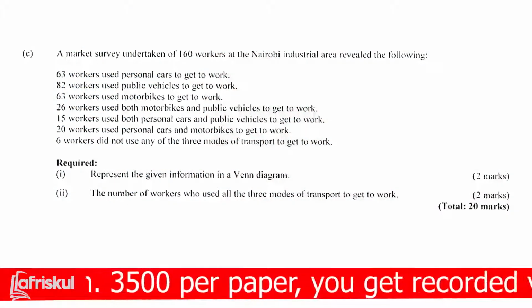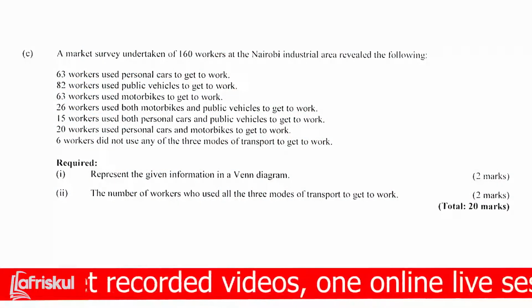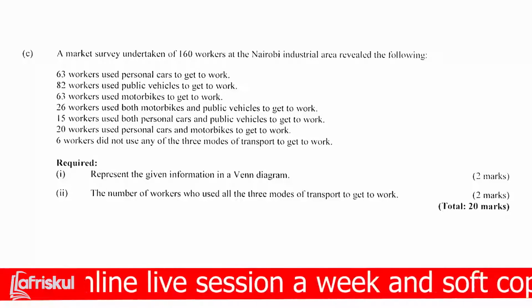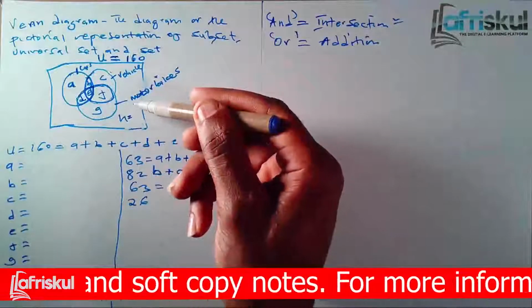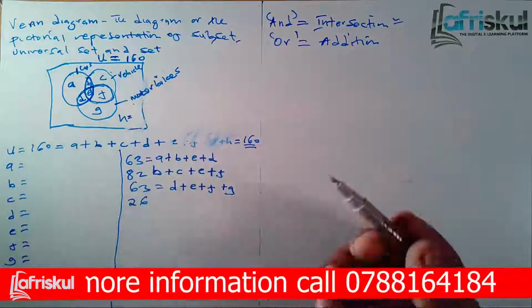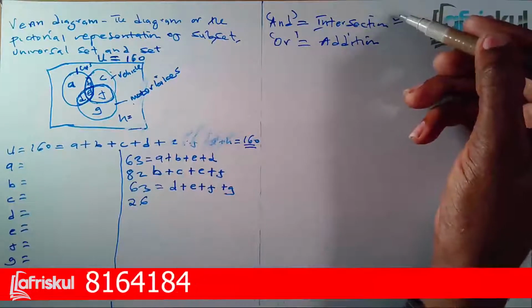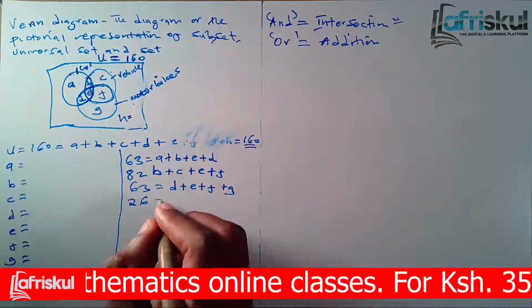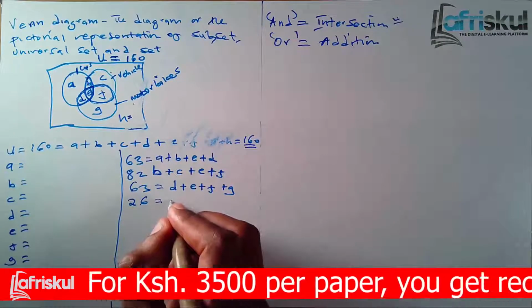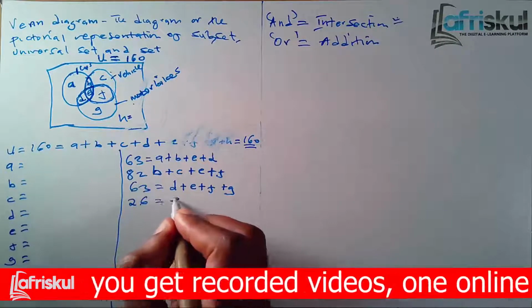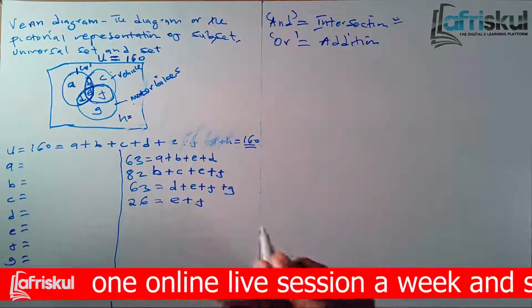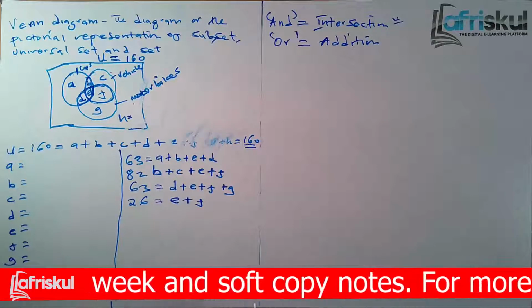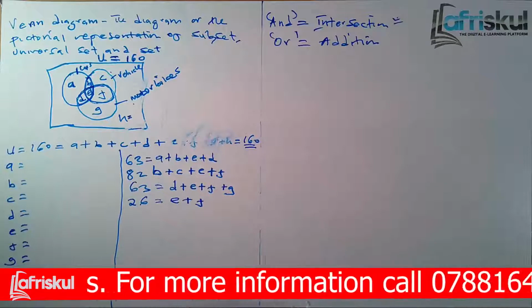So it is the second subset and the third subset. Therefore, which is the intersection? Because I told us that and means intersection. Therefore, 26 is E plus F. That is the intersection representing the motorbikes and the vehicles.